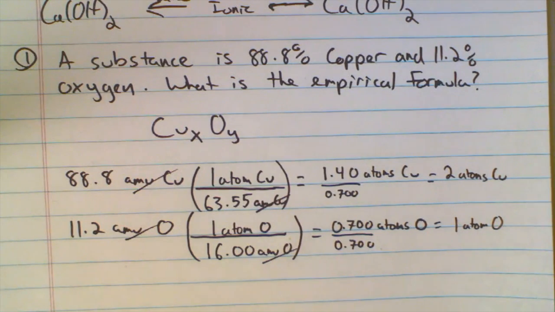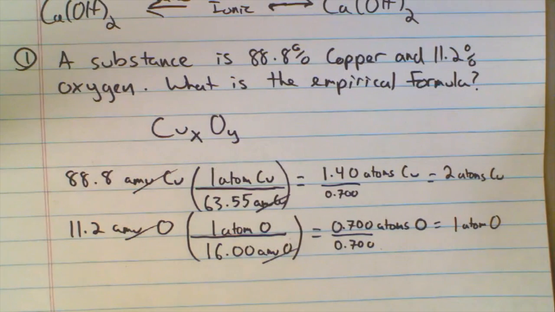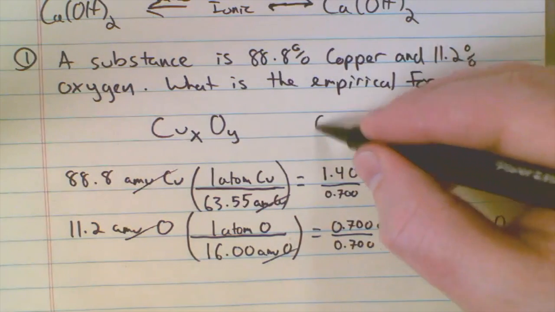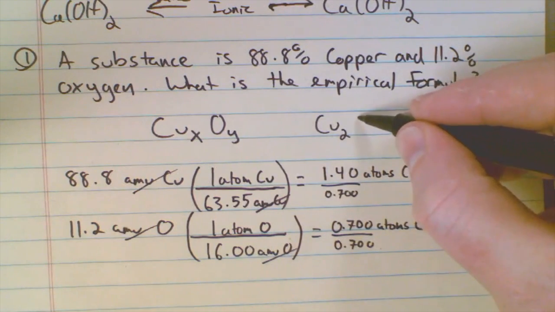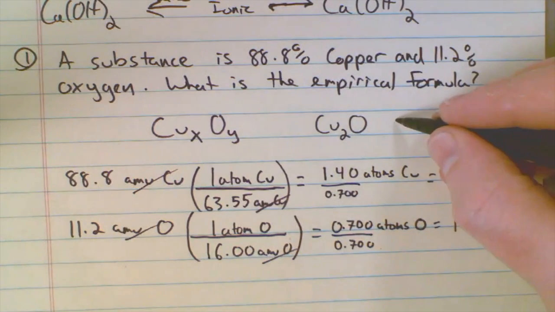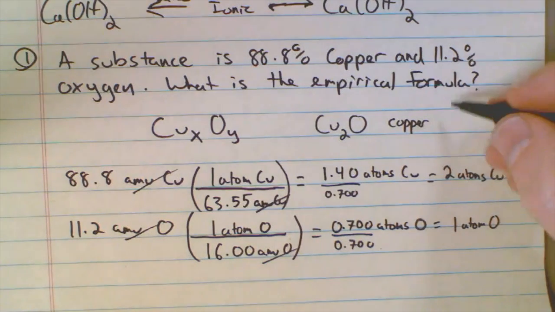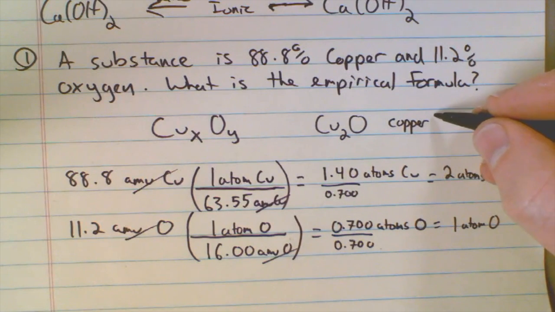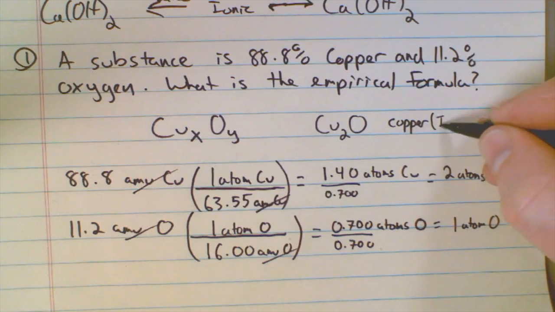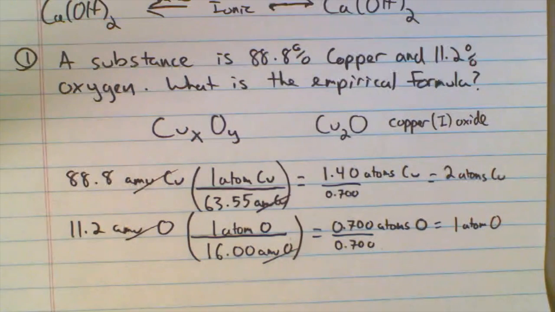So what's our formula then? Cu2O. What would be the name of this compound? Copper(I) oxide. Copper's a transition metal. Work on the nomenclature. Keep at it.